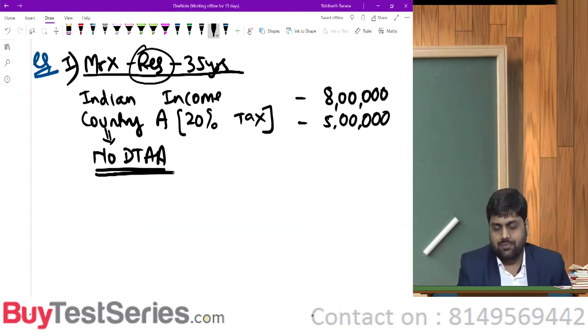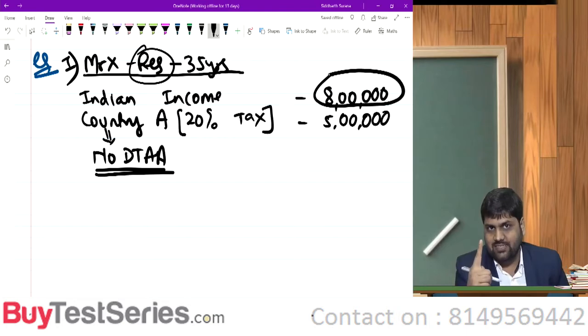This is an example. Before you give relief, you need to first check, has double taxation taken place? Because if double taxation only has not taken place, there is no question of any relief. Check. Let's talk about 8 lakh. Can I say residence is in India, source is also in India, 8 lakh will be taxable only in India, and therefore there is no double taxation till now.